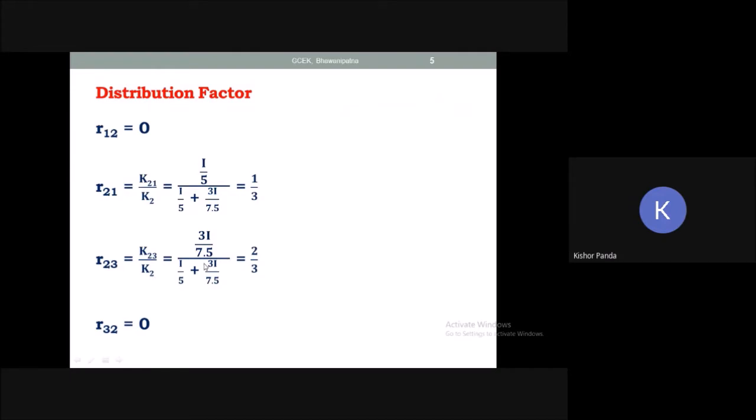So K23 is 3I by 7.5 divided by I by 5 plus 3I by 7.5, the relative stiffness of the joint. After simplification you get R23 is equal to 2 by 3. Then you know R32 is equal to 0. So these are the distribution factors.